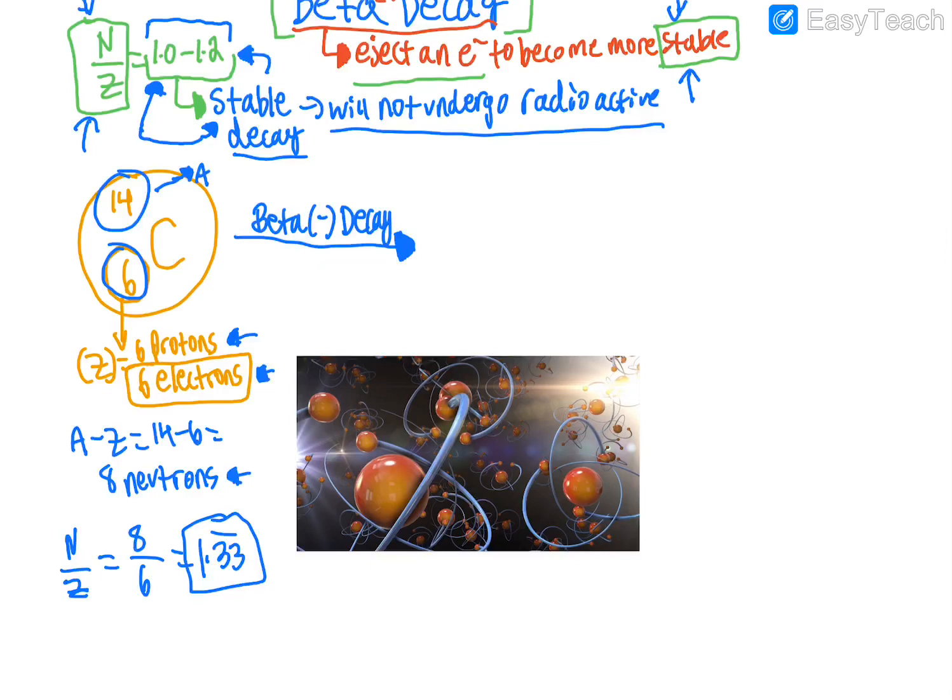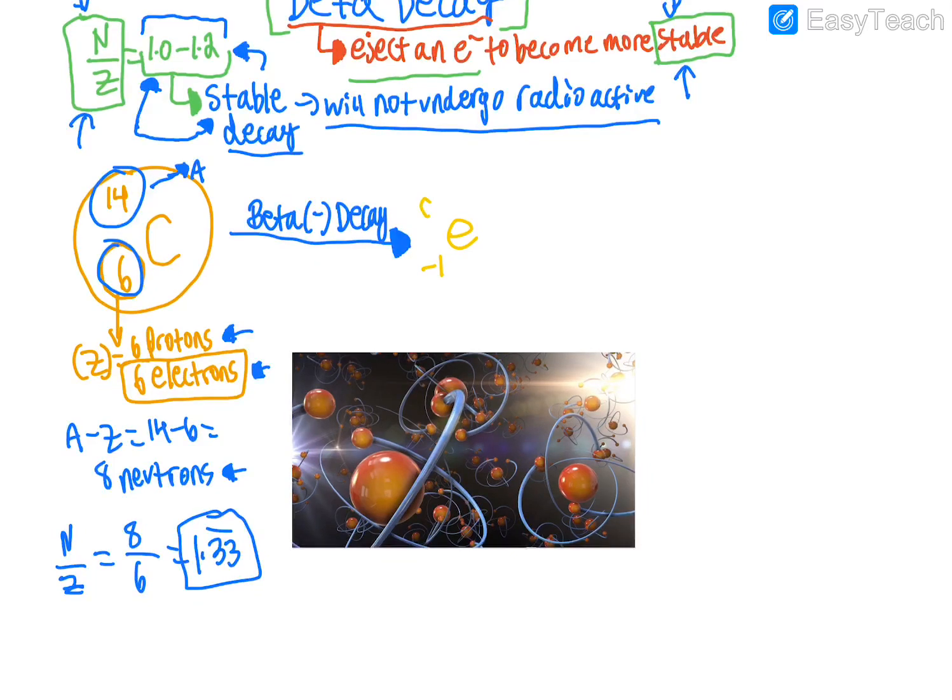Let's show that in another color. A neutron in the carbon-14 nucleus is going to eject an electron, and that neutron is going to turn into a proton.